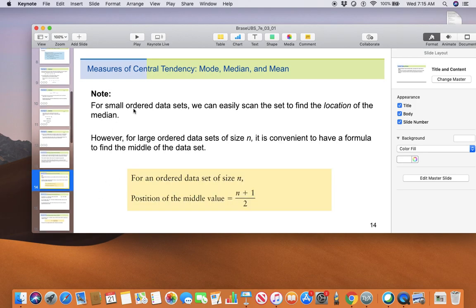Okay. For small ordered data sets, we can easily scan the set to find the location of the median. But for large data sets, you have a formula. Position of the middle. So you want to locate the middle value. You have n numbers, n plus 1 over 2.